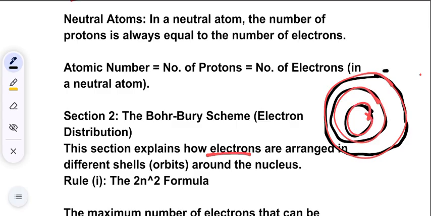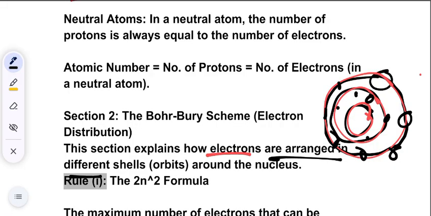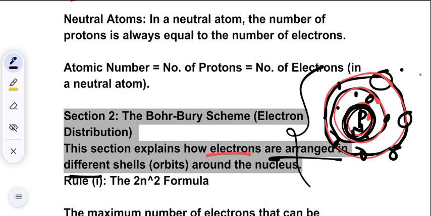Electrons are present on these shells. So this section explains how electrons are arranged in different shells around the nucleus. Where is the nucleus? The nucleus is this central core. Inside the nucleus, which two parts are present? Proton and neutron.